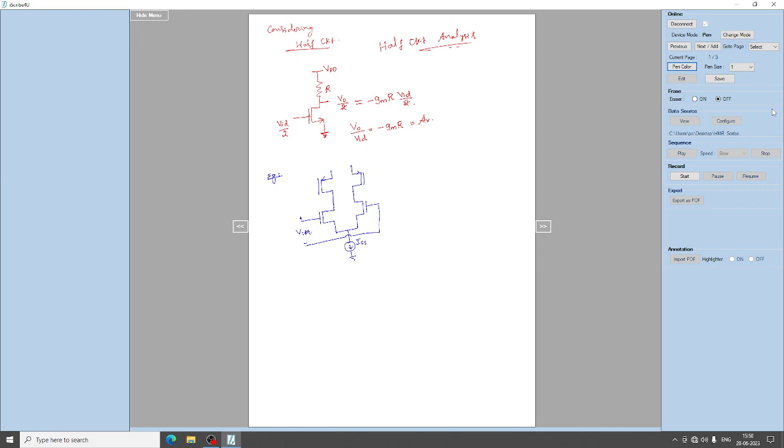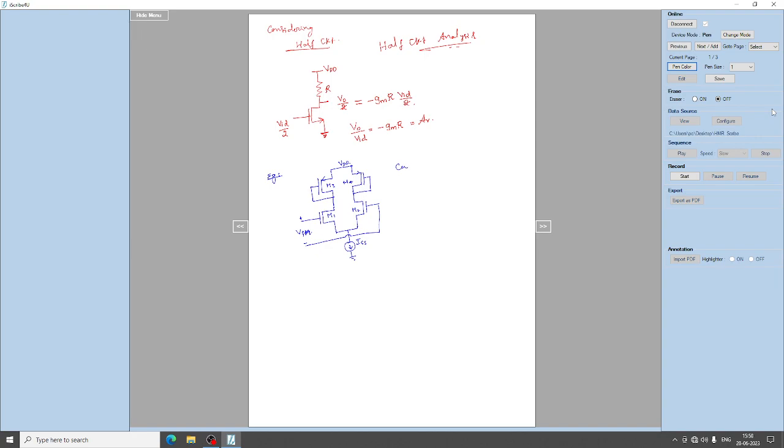So this is the input AC signal that I am giving, and say this MOS is diode connected. This is M1, M2, M3 and M4, right?